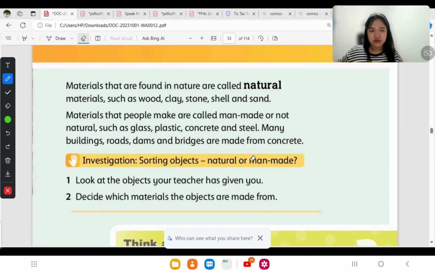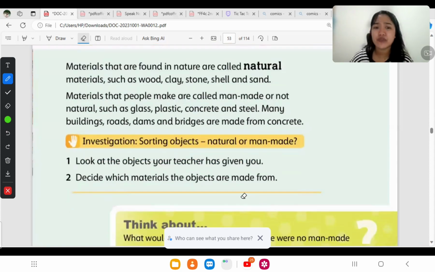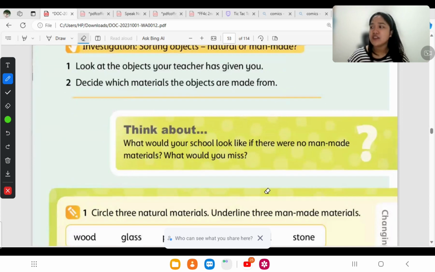So now, let's decide which materials or objects are made from. Your table, Isabel, what is your table made from? Think about your house, your school.